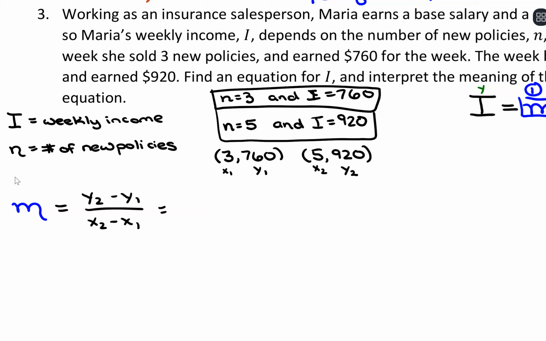So that's the equivalent of 920 minus 760 over 5 minus 3. And then we'll get that from the calculator. So that is going to be positive 80. So we have a slope or rate of change of 80.